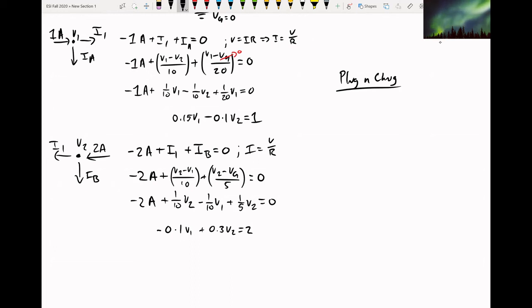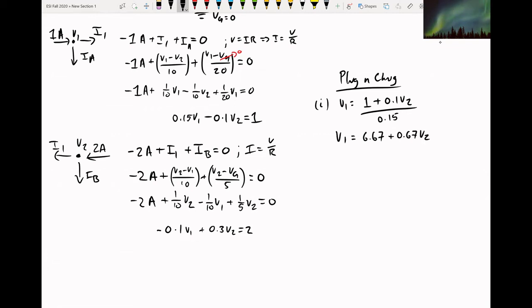From equation 1, V of 1 is going to be equal to 1 plus 0.1 V2 over 0.15. If we divide 1 by 0.15, 6.67, and then 0.1 by 0.15, plus 0.67 V of 2, so that's V of 1.